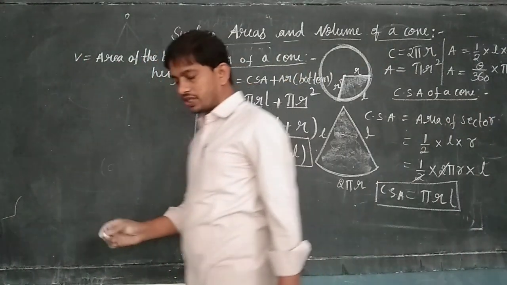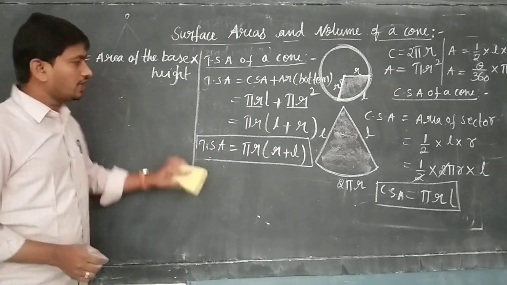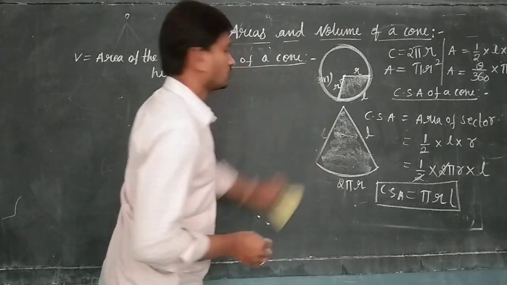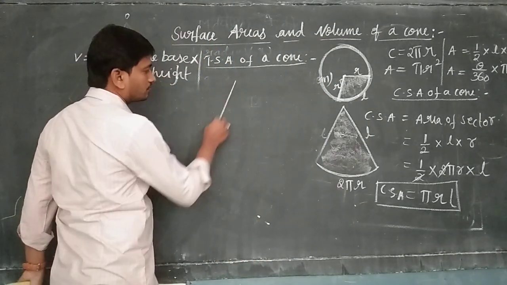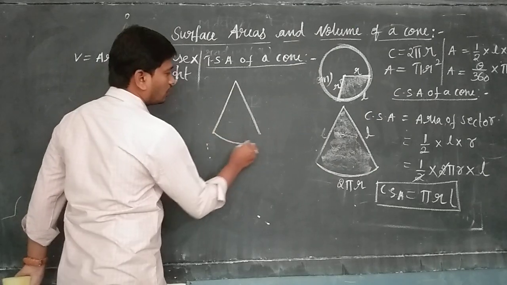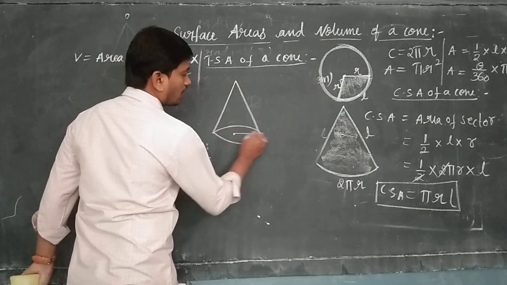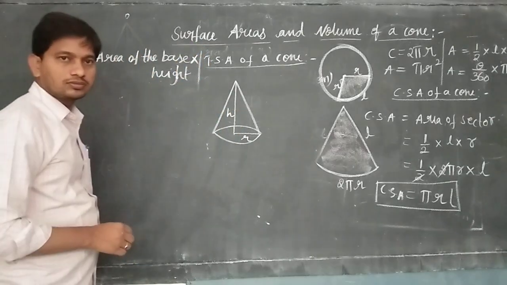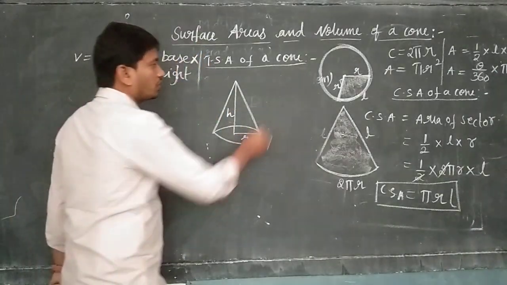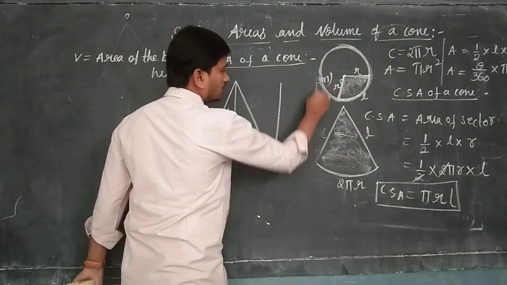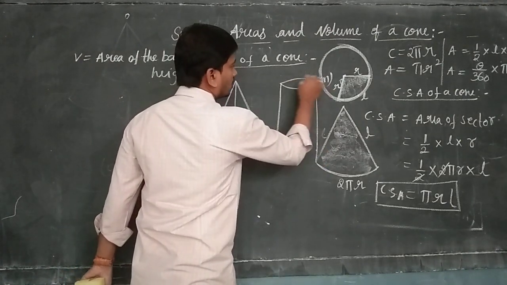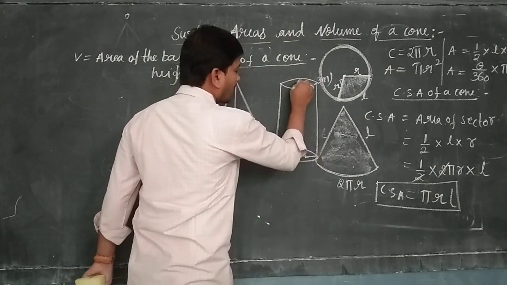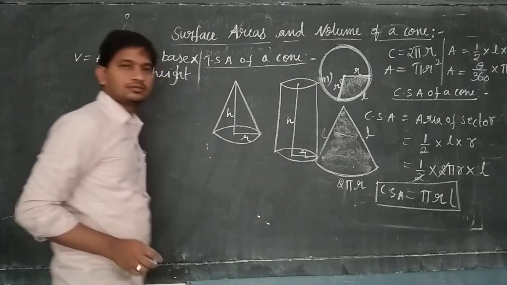Yes, students. For this, you have to listen carefully. You take a cone of base radius r and height h. Also, you take a cylinder of the same radius r and the same height h.